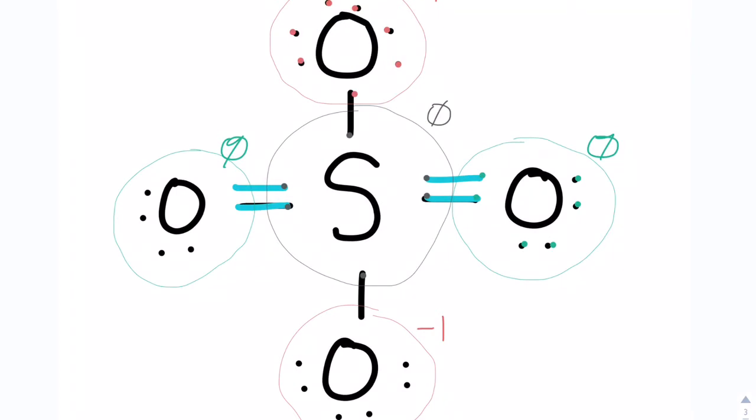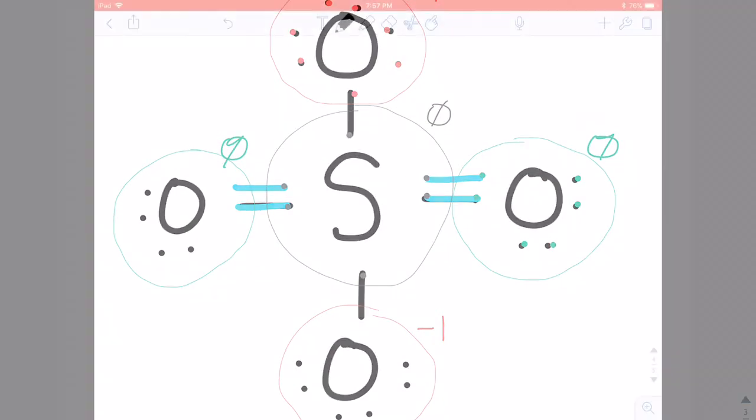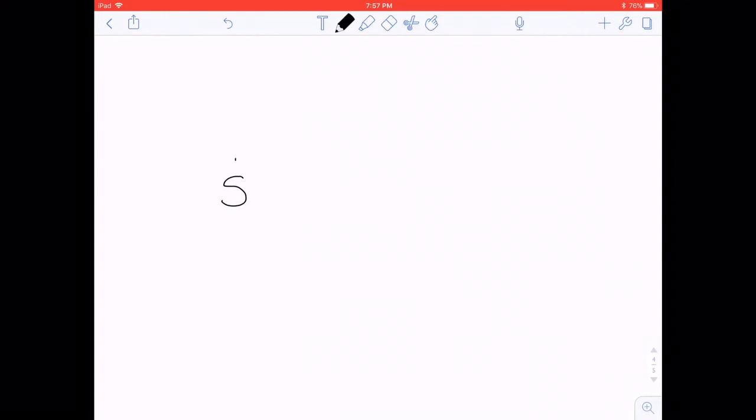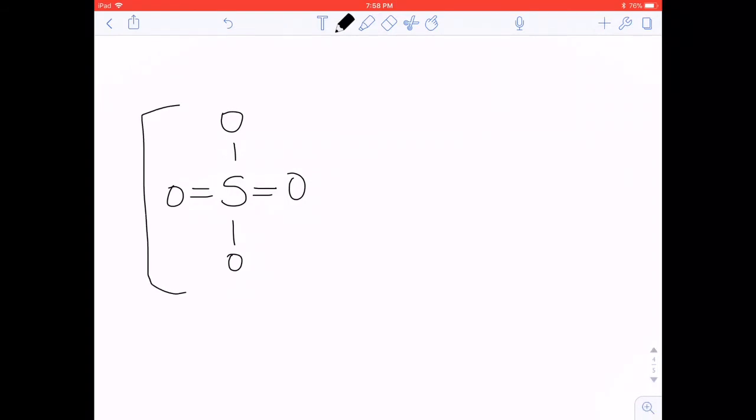So here it is. So the double bonds don't always have to be in those positions. And what I mean by this is you can have the double bonds on this side, and this whole molecule is equal to a molecule with double bonds going up and down instead of to the sides.